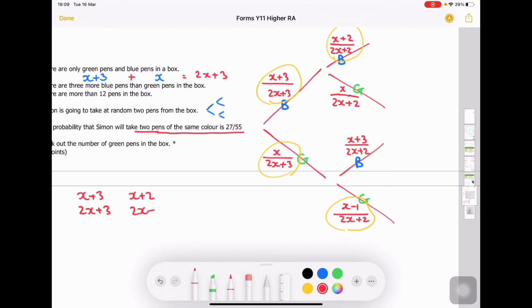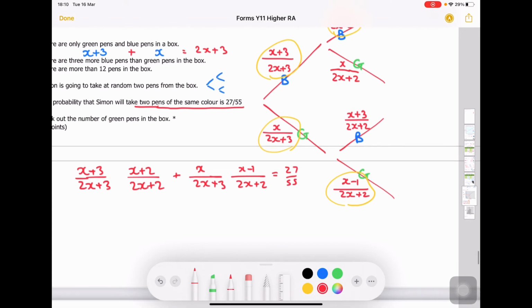Plus 2x plus 2 plus, let's just do this. They have the same denominator, so let's write it like this.